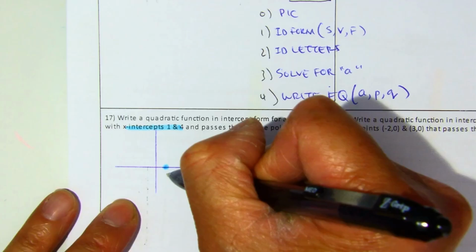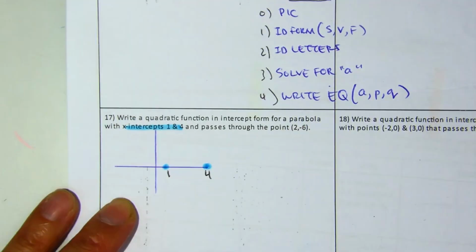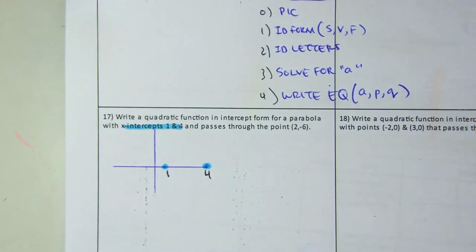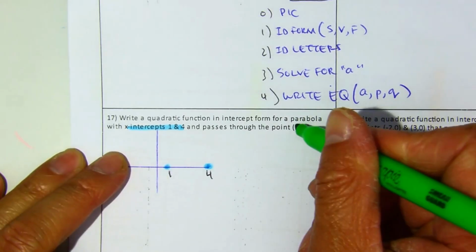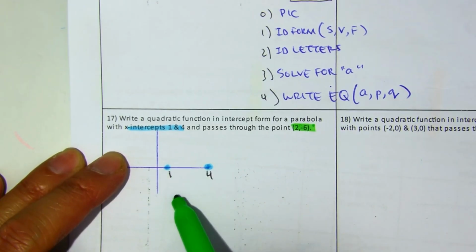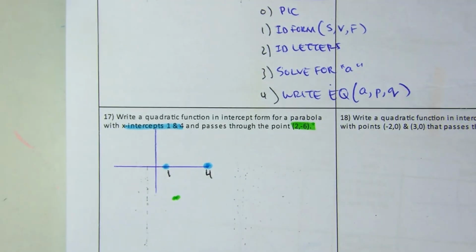There's 1, there's 4. And it passes through the point 2, negative 6. Right 2, down negative 6. So this is visual. Class, do you think this opens up or down?